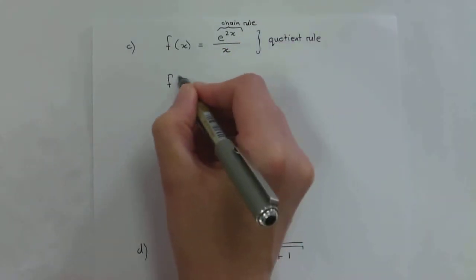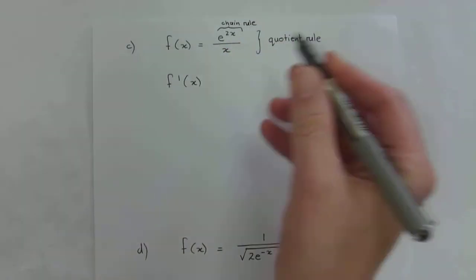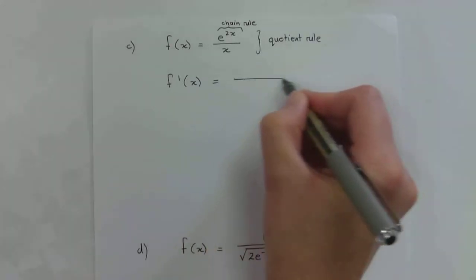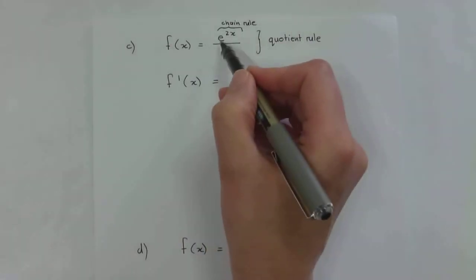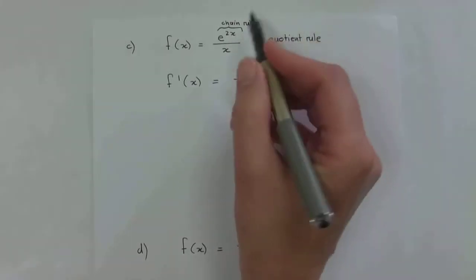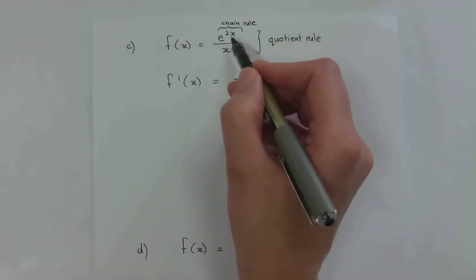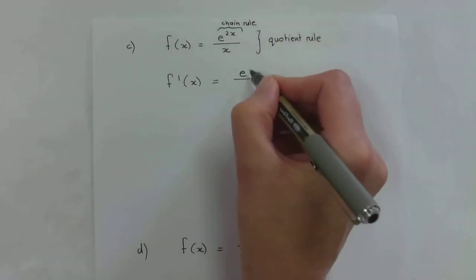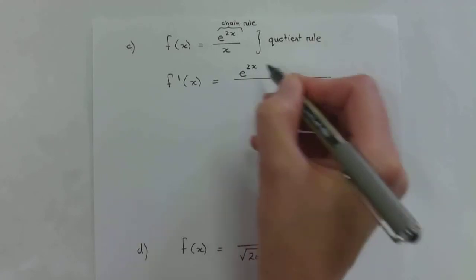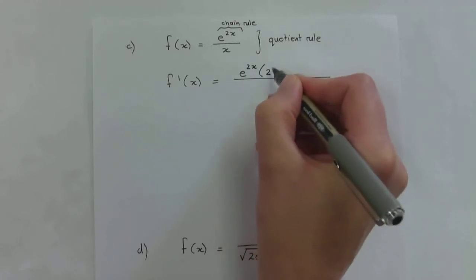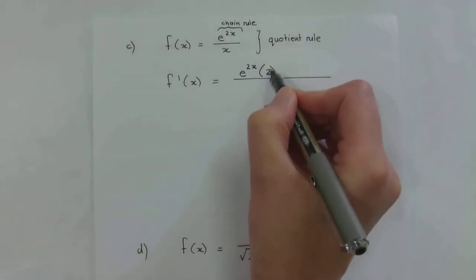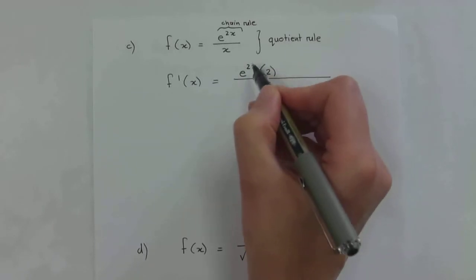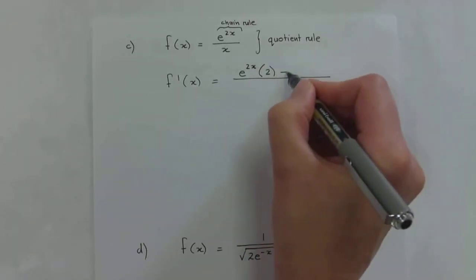So we're going to find the derivative, and first things first, we have to find the derivative of the numerator. So the derivative of the numerator using that chain rule is e to the power of 2x, which is the outside function, multiplied by 2, which is the derivative of 2x. So that's the derivative of that inside function, minus.